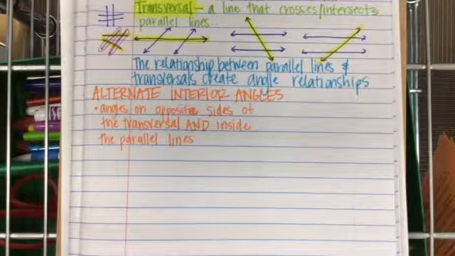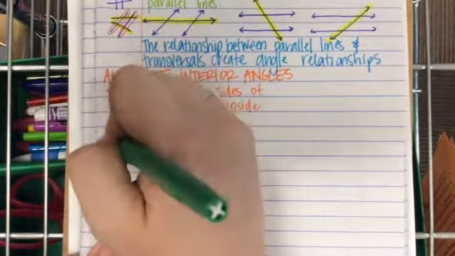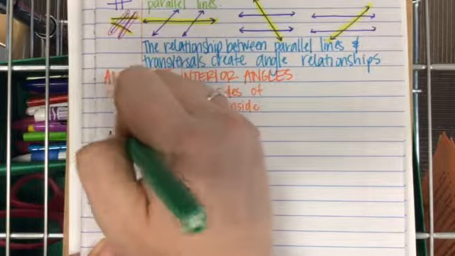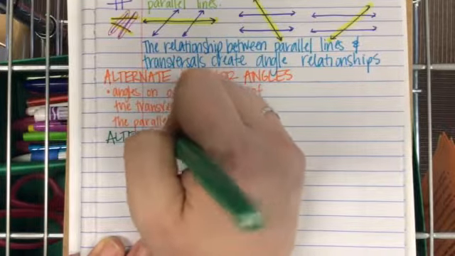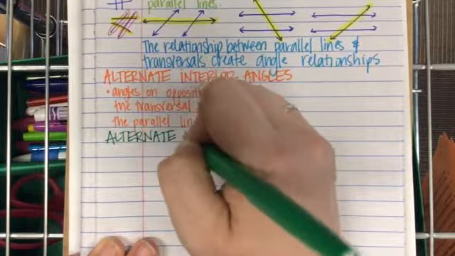Alternate interior angles. So now let's define our next one, number 2. They're alternate exterior angles.